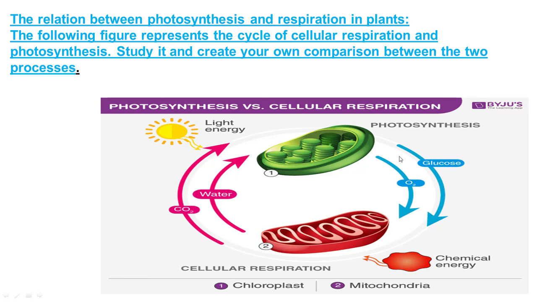Glucose then gets inside the mitochondria and goes to cellular respiration and multiple oxidation of the glucose molecule. It will produce carbon dioxide and water, and the carbon dioxide and water can go a second time inside the chloroplast to make the photosynthesis process again.